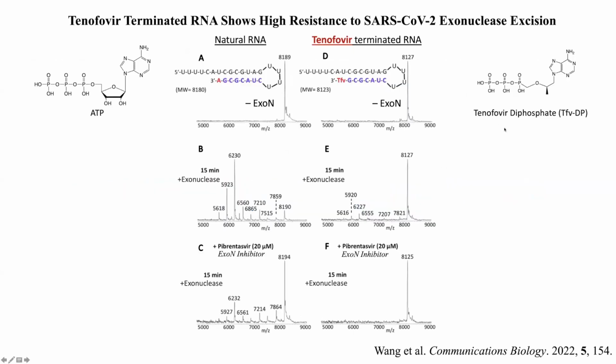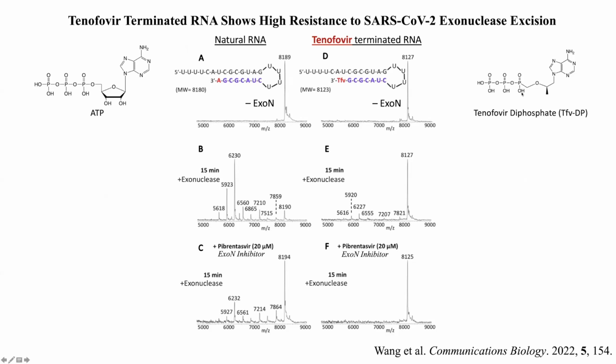The molecule we started with is tenofovir. We synthesized an RNA terminated with tenofovir. You can see tenofovir does not have any hydroxyl group on its sugar, and here is the natural RNA. It turns out when we add exonuclease, the natural RNA is completely degraded, but this RNA terminated by tenofovir is highly resistant to the exonuclease.